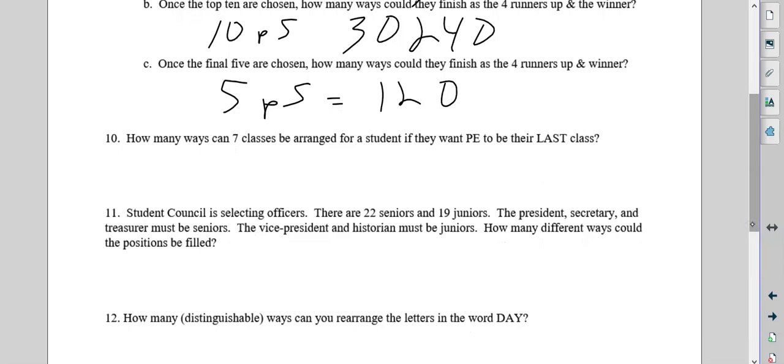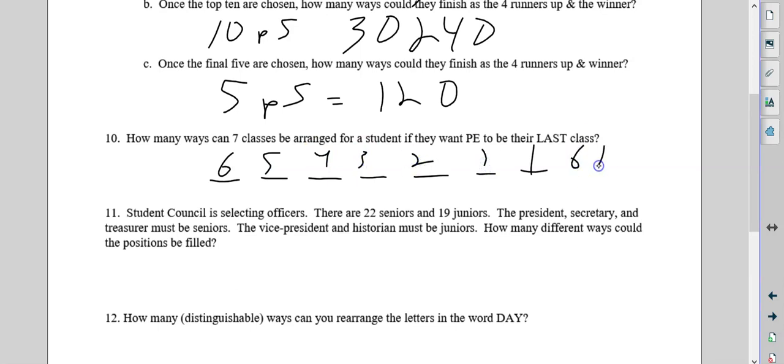All right, how many different ways can 7 classes be arranged for a student if they want PE to be their last class? So what they have is 1, 2, 3, 4, 5, 6, 7. But the last class is already picked. Therefore, there's 6 classes here, 5, 4, 3, 2, 1, which is really just 6 factorial, which is 720.